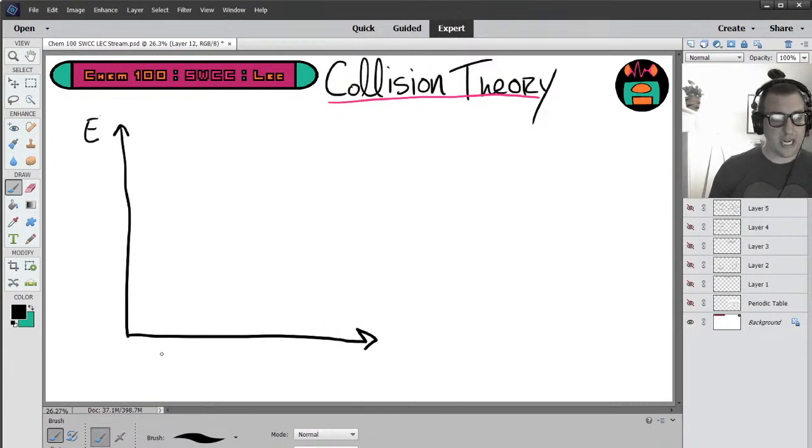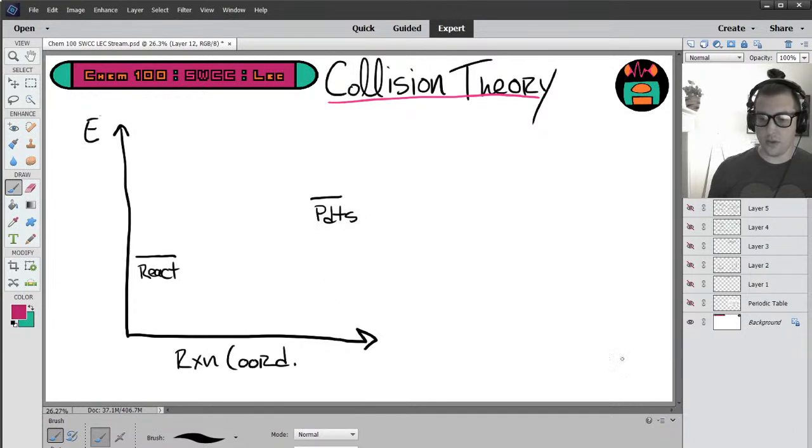So we have energy on the y-axis. We have our reaction coordinates on the x-axis. And we know as we're close to the origin, we have our reactants. And then as you move away from the origin, eventually your reactants become your products. All right?